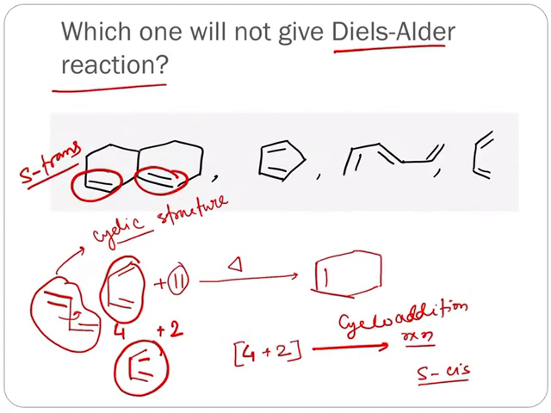So this will not give the cis conformation. The first one will not give Diels-Alder reaction. The second one, although the diene is in the cyclic structure, it is in cis form, so this will give Diels-Alder reaction, and this will give Diels-Alder reaction also, and this one obviously gives Diels-Alder reaction.